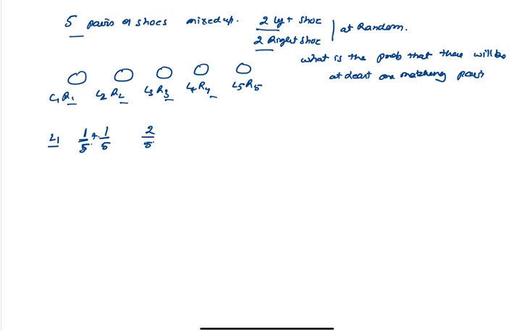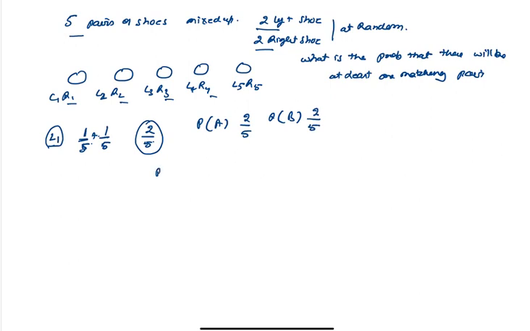So the probability of the first L1 picking up the right shoe will be 2 out of 5, and the same would be for the other one. So probability of A is 2 out of 5 and probability of B is 2 out of 5.